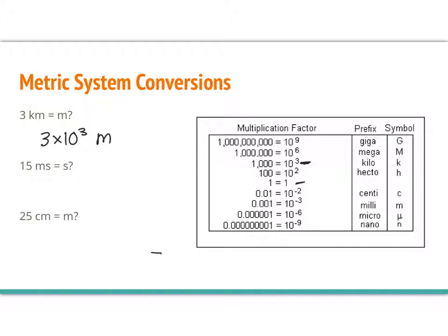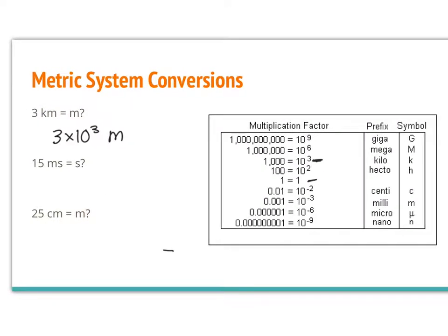Okay, so I'm looking at my conversion factor, or my multiplication factor, over on the side. Next one, I'm going from 15 milliseconds to just regular seconds. So here, I'm going from milli to my base unit. So this one is going to be 15 times 10 to the negative third seconds.